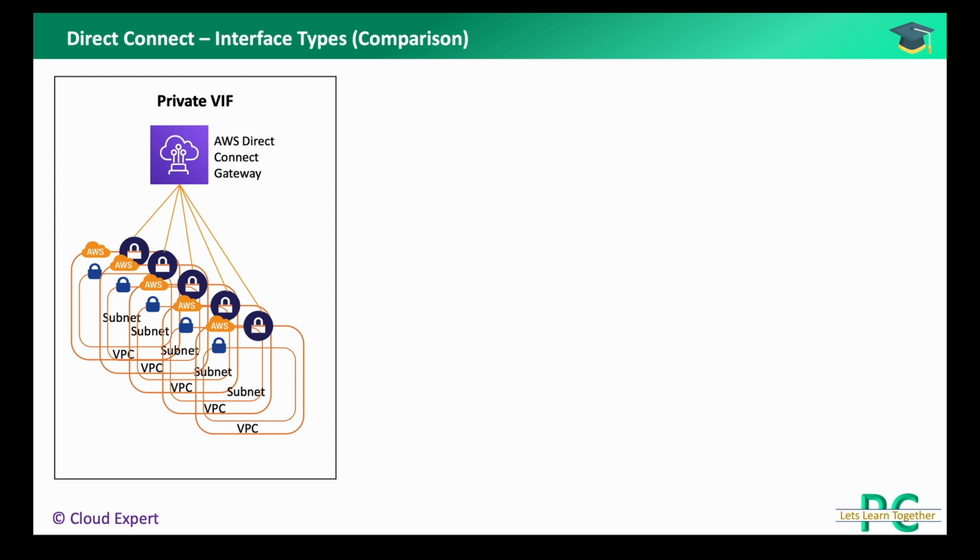So you have to remember that use case. If you want to connect more than one VPC in different regions or different accounts, you have to use a Direct Connect gateway. One Direct Connect gateway will support at most 10 VPCs or 10 VPGs. If you have to connect more than 10, you have to configure another Direct Connect gateway.